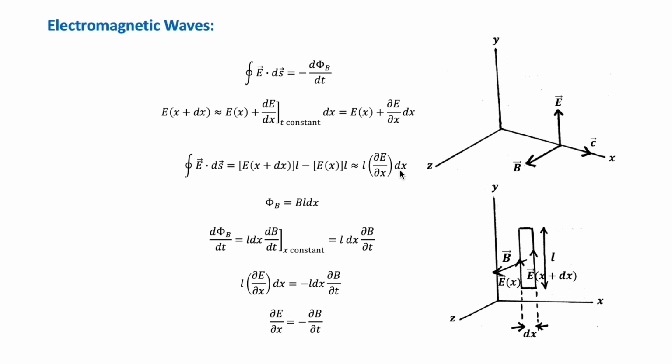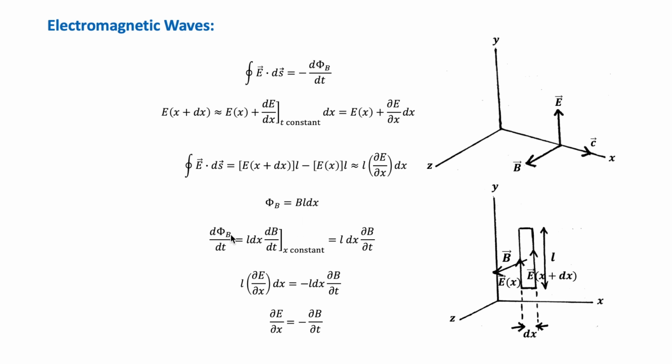Also, the magnetic field is in the z direction. So the magnetic flux through the rectangle, which has the area L dx, is B L dx. Here we assumed dx to be very small compared to the wavelength of the wave, okay?